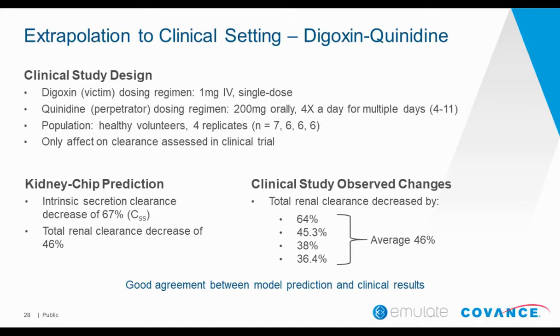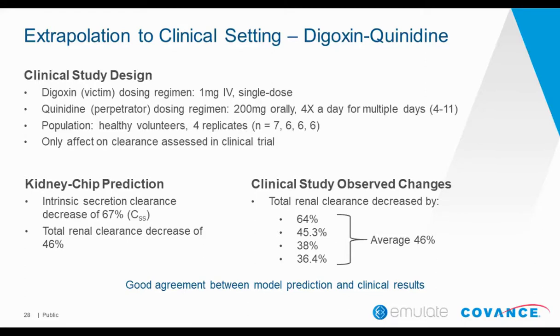So again, focusing on the first example there, the Digoxin-Quinidine model. Looking at digoxin, the victim, basically a single IV dose at 1 milligram. Quinidine is the perpetrator, 200 milligrams orally 4 times a day. And again, the population is healthy volunteers.